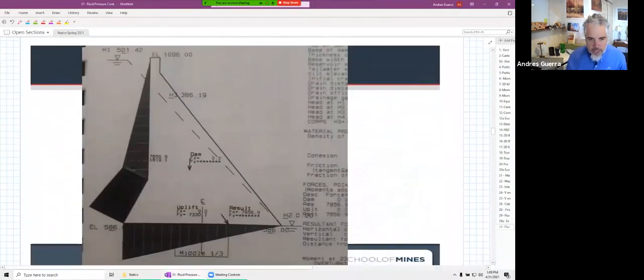Okay, so let's talk a little bit about the dam raise here. And this is a model of a cross section of the dam. And the original crest was about right here. And so we're going to raise it by 20 feet up to elevation 1,096. To give you an idea of the height of the dam, the bottom of the dam was at elevation 586.